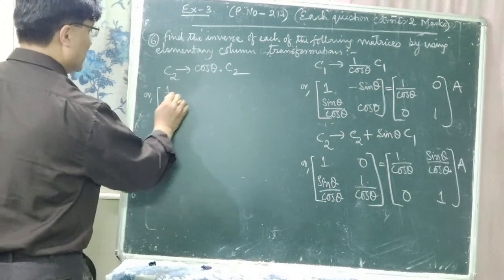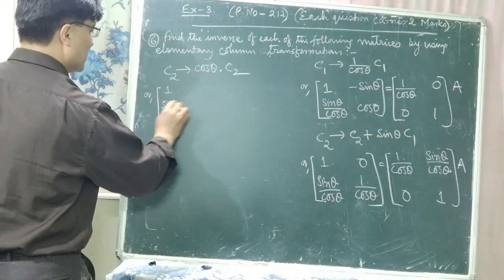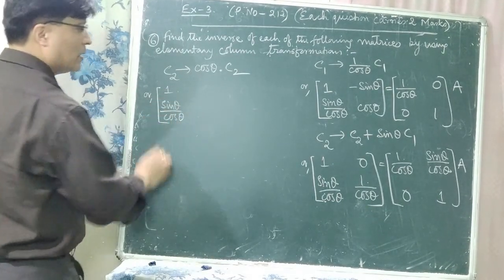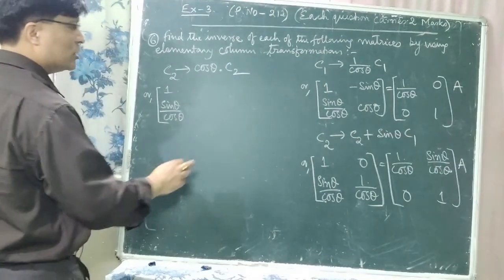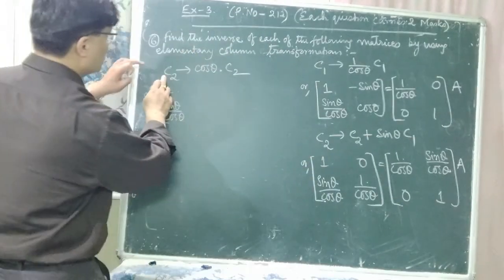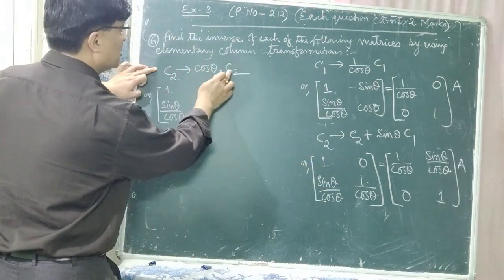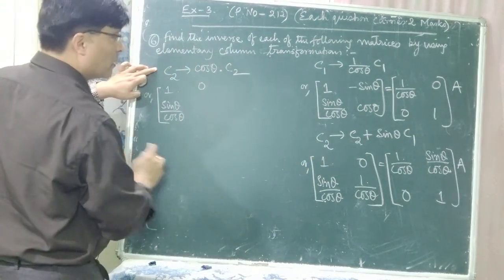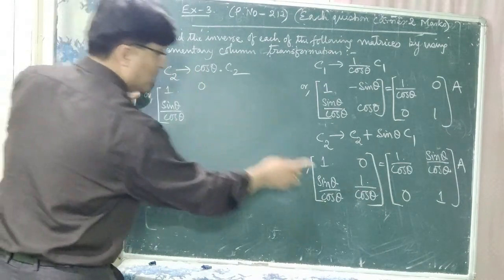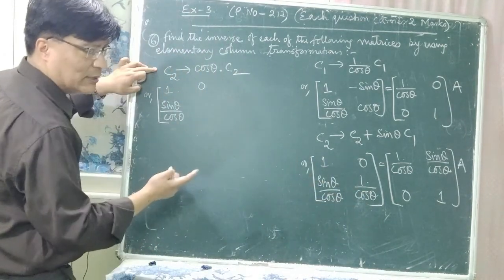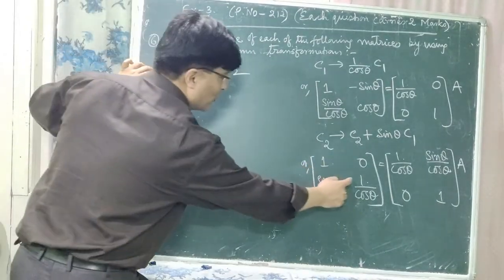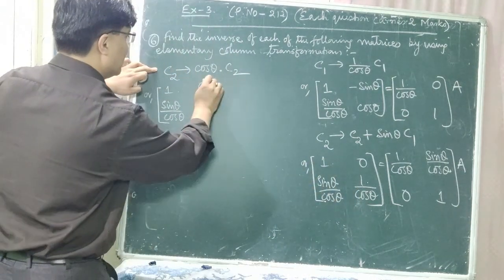So 1, and this is your sin theta by cos theta. How does column 2 change? C2 is equal to cos theta into C2. Here C2 is 0, cos theta into 0 is 0, that means C2 is 0. And the second element of column 2 is changing. How does it change? Cos theta into 1 by cos theta is always 1.